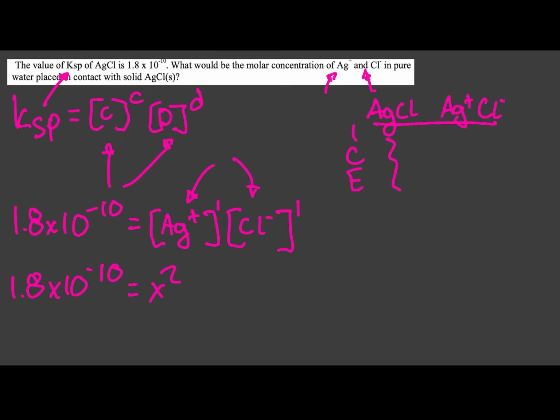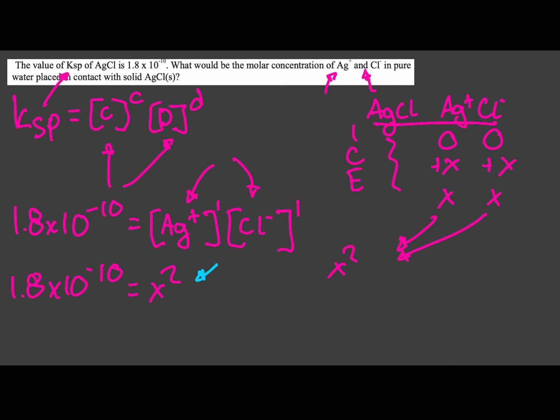And then we know that because it hasn't been placed in water yet, theoretically, the initial starting amount is going to be 0, and that will change by plus x on both sides. And then we have x, and we will then condense these down to x squared. So that is where that x squared value comes from.